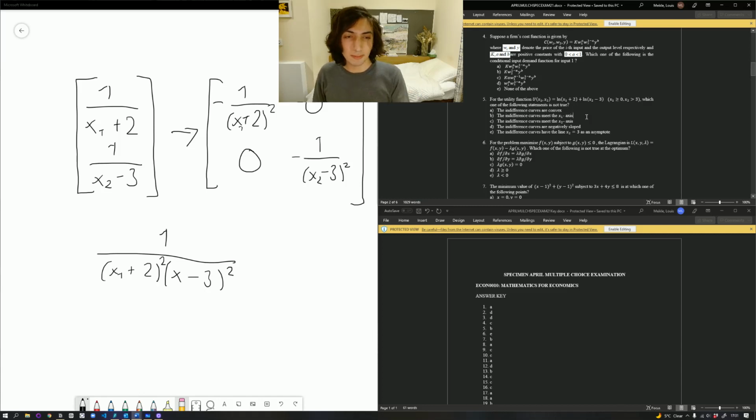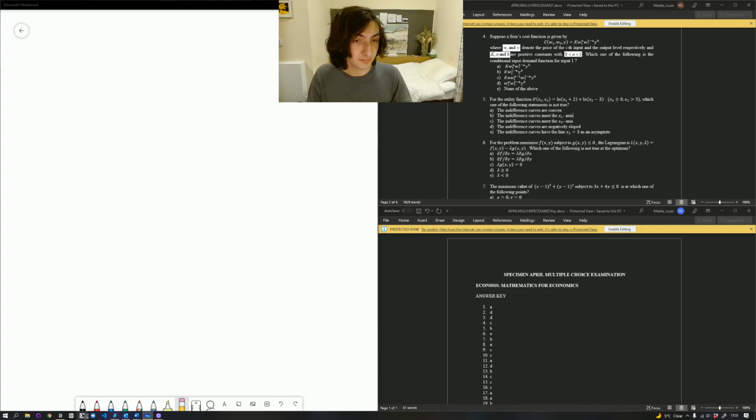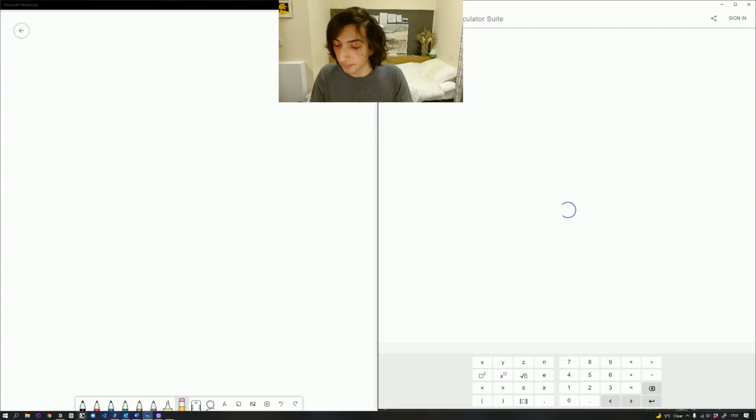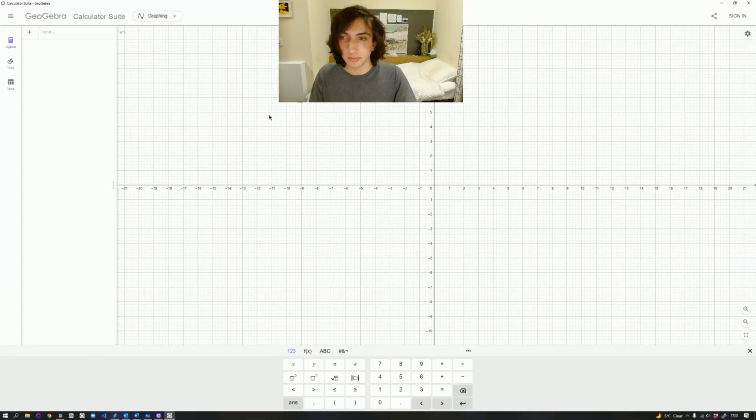If we were to actually plot this graph out, in fact, I can do this. Let me show you. So say I was to plot this graph out. Let's just make this equal to 3. And then we do ln(x plus 2), ln. I'm just using x as x1 and y as x2 here, just for simplicity of showing the point.